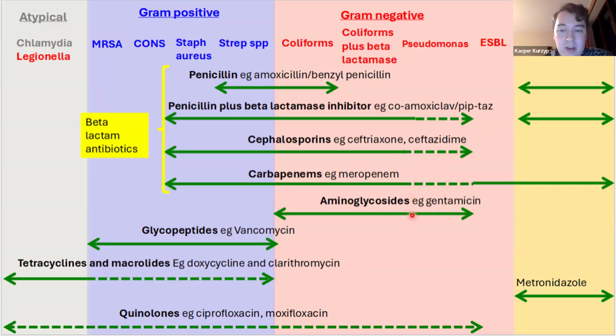You have your aminoglycosides, like gentamicin, which is the fave of gram-negative in ED, because you can give somebody a shot of gentamicin, oftentimes a single one, and they will be fine. Now, you have to be wary of them, as they can have a few certain side effects, including ototoxicity.